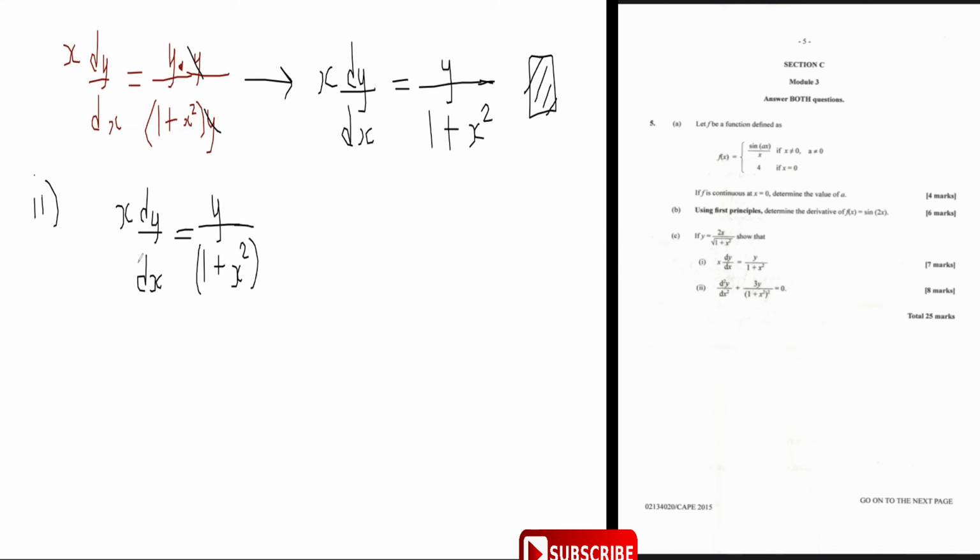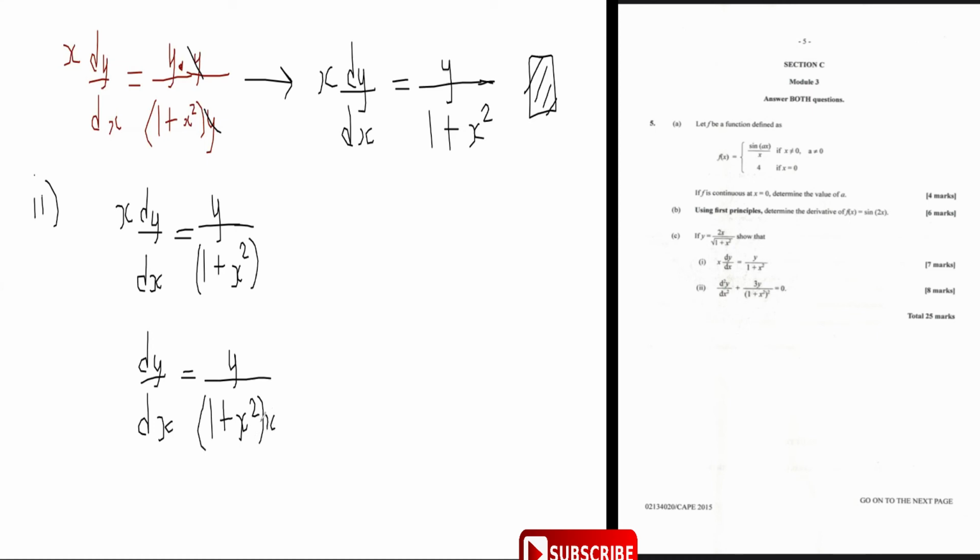So if I divide both sides by x, in reality, dy by dx is really equal to y over 1 plus x squared times x. All right, that's dy by dx.